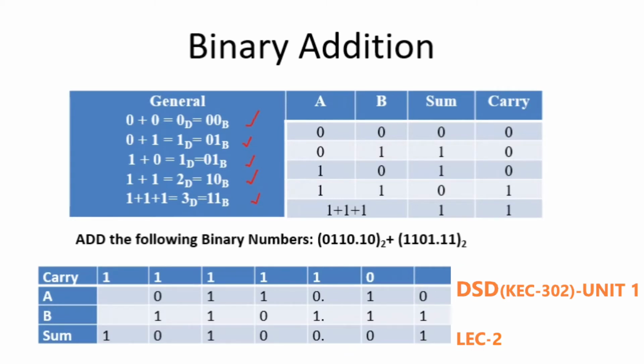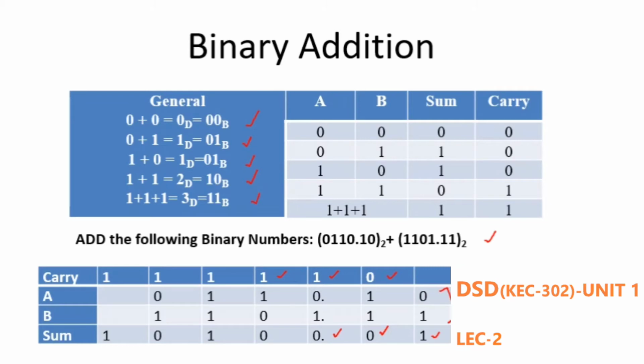Now using these rules we can add these two numbers. A is mentioned here, B is mentioned here, and we are computing the sum. 0 plus 1 is 1 with carry 0. And similarly 0 plus 1 plus 1, sum is 0 and carry here is 1. Then 1 plus 0 plus 1 is sum 0 and carry 1.